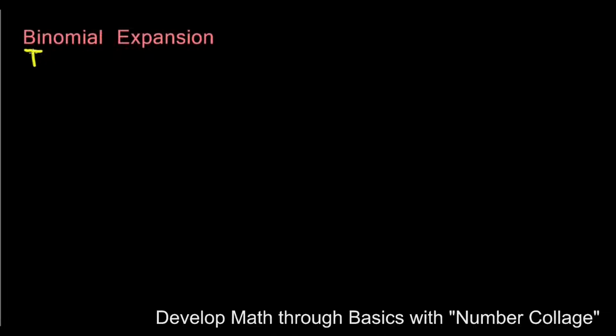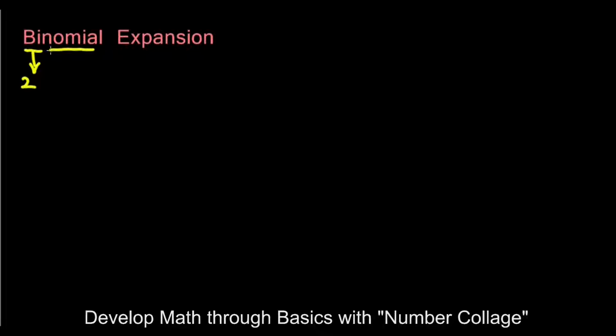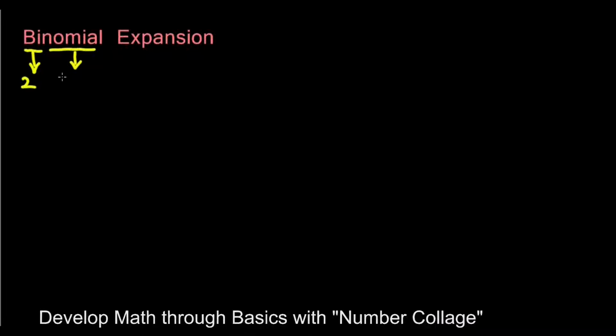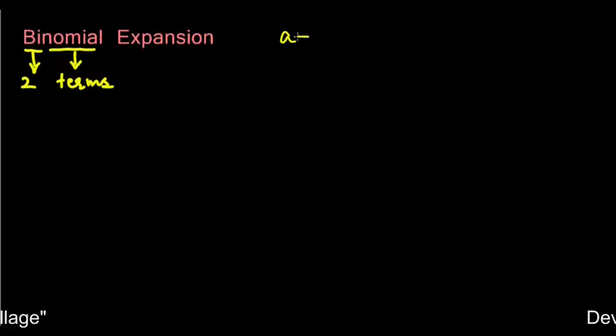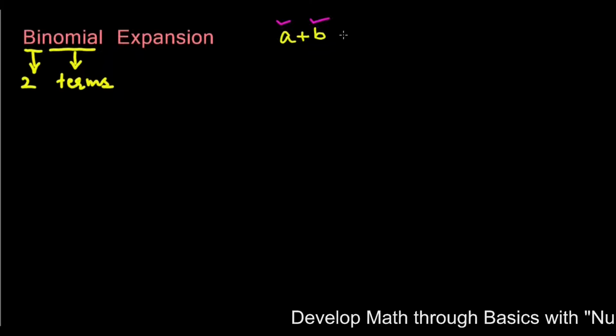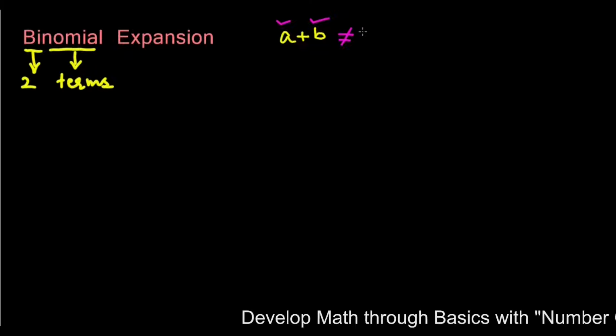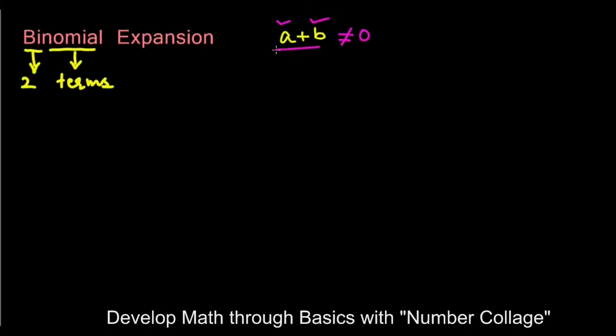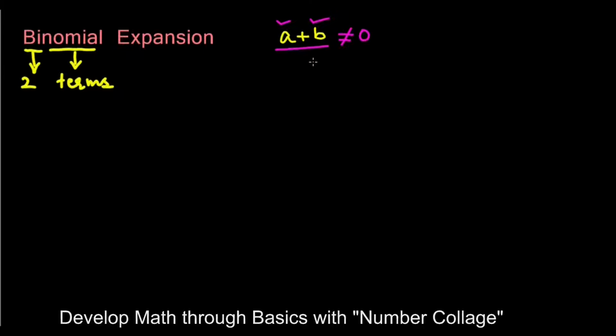First, we will understand what is binomial expansion. In the word binomial, bi means two and nomial means terms. Expression a plus b contains two terms, 1 and 2, and if this is not equal to 0, then this is called a binomial expression.